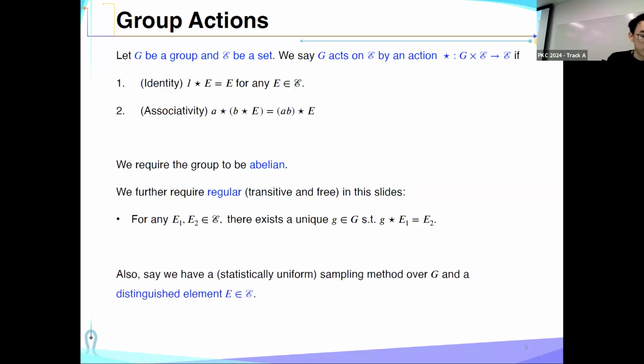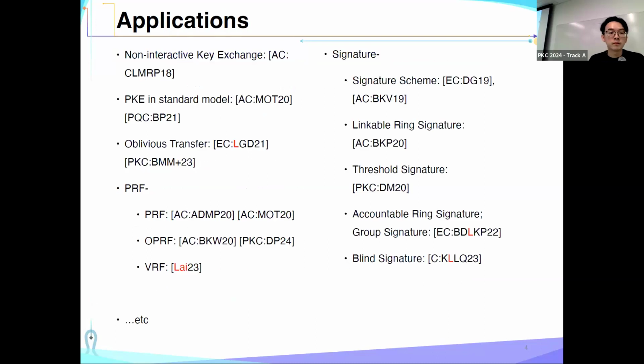We may assume we have a uniform sampling over this group G, and we have a distinguished element E in this set, because if we want to build a crypto system, everyone needs to know the starting point to do the group action. The abelian group action has been proven to be very versatile in constructing crypto systems.